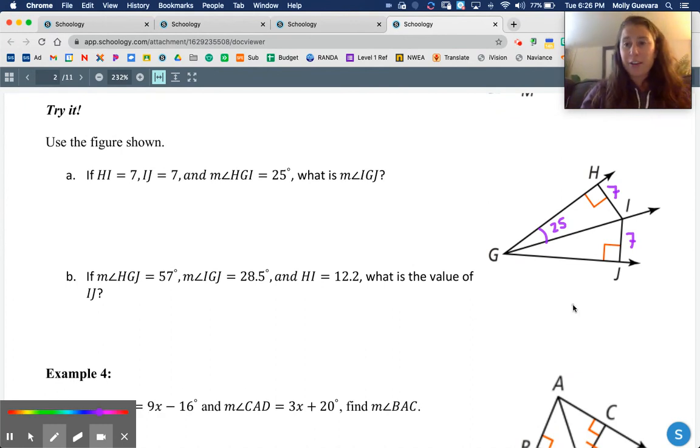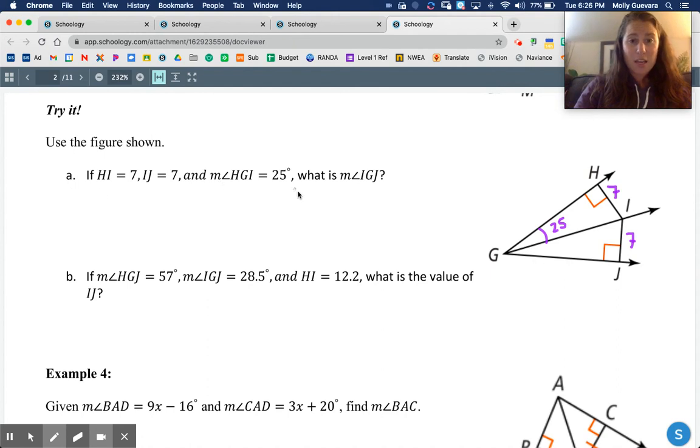All right, so I already filled in the values that were given on question A. And the question is asking, what is the measure of angle IGJ? So this right here is what it's asking me to find. Okay, well, since IH and IJ are the same, that tells me that IG is the perpendicular bisector of this angle.